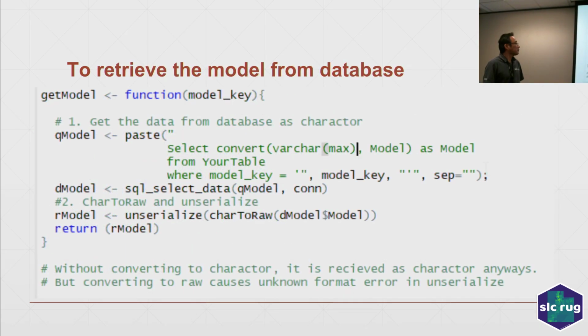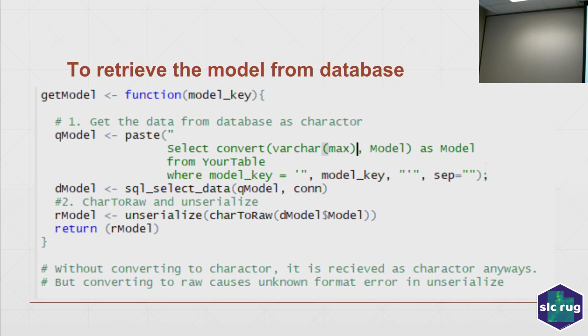Now, once you save to the database, you want to retrieve that and then use that model. This is the get model function, and you pass the model key. You just create the SQL statement: select model from your table where key is your key. Here the model is the column name, and this is the binary.